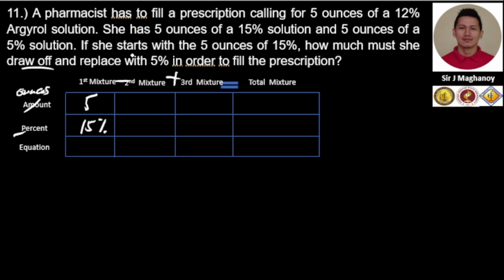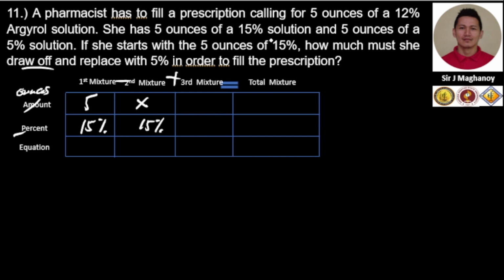How much she draws off to replace is not defined, so we assume x is the amount of ounces we draw off. What we draw off is still 15%. Then we replace it with 5%.